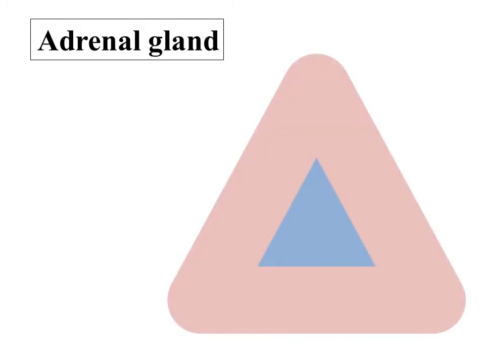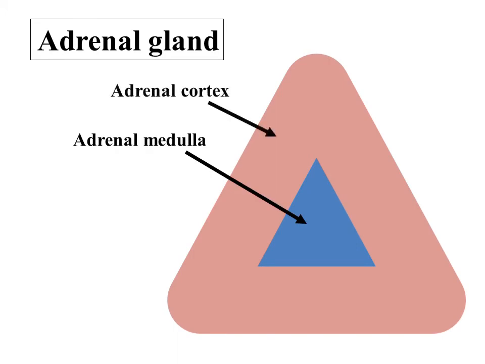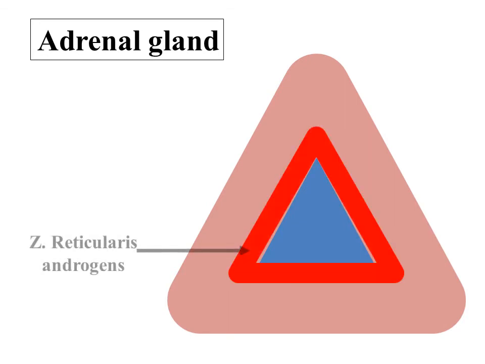The adrenal gland consists of two parts, the adrenal medulla and the adrenal cortex. The adrenal cortex has three layers. The first layer is called zona reticularis.